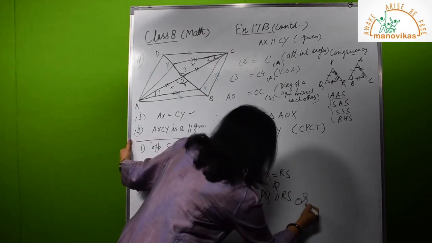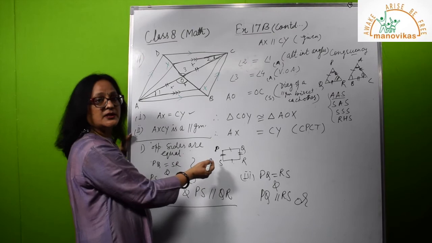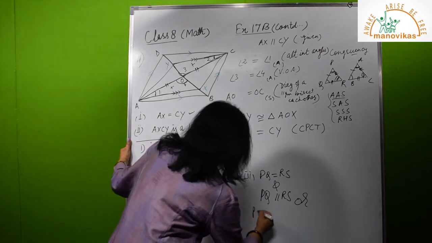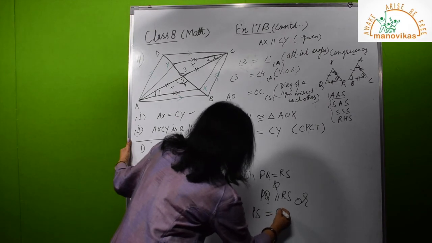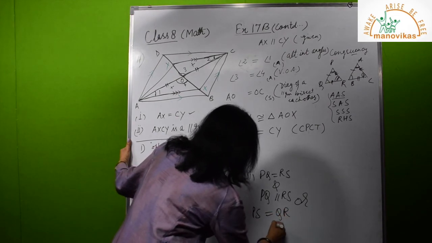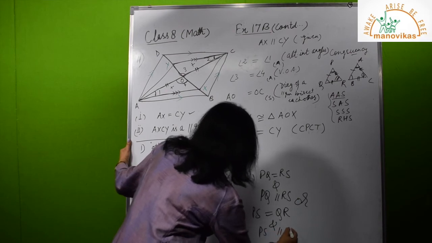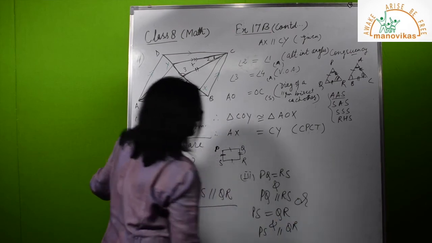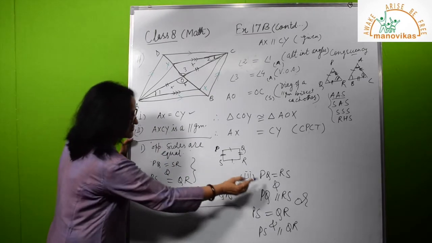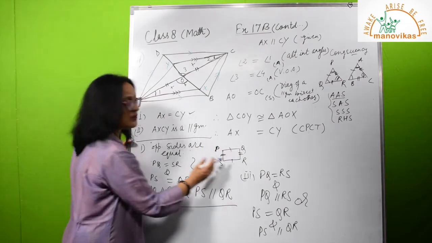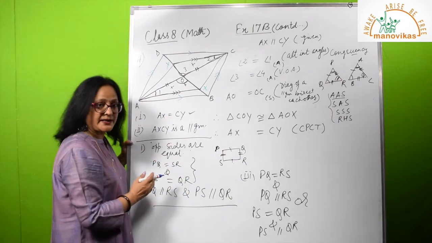Either this one or this can be true for the other pair of opposite sides, like PS is equal to QR and PS is parallel to QR. So among these three, if any one is true, then the quadrilateral will be a parallelogram.